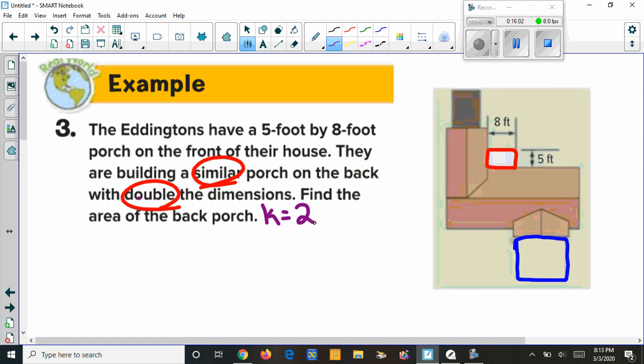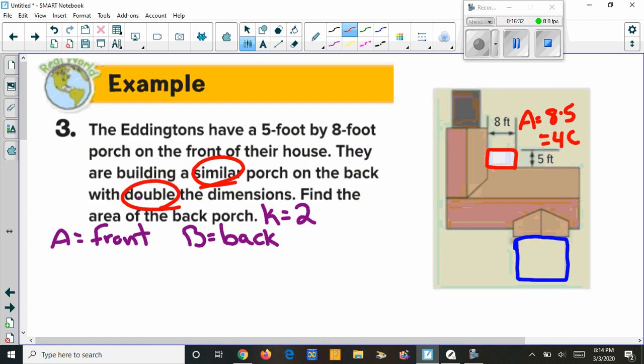And for this, we're going to say that the front porch is A. And the back porch is B, since that is the one I'm trying to find the area of. And I can find the area of this front porch. Its area is equal to length times width, so 8 times 5. So that's 40. And I have all my pieces now to set up this equation.